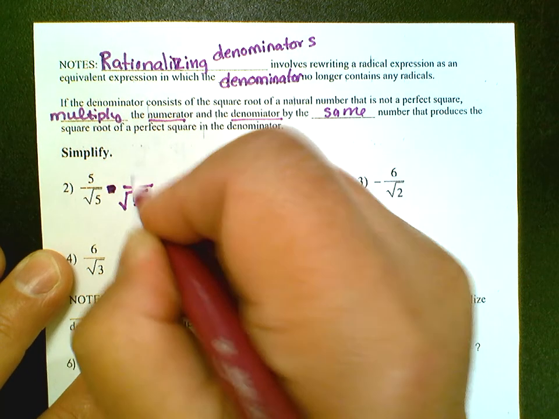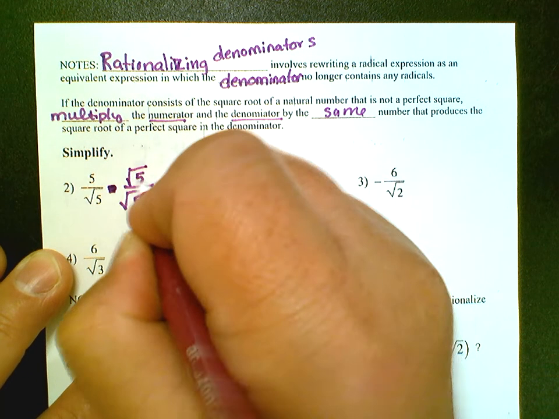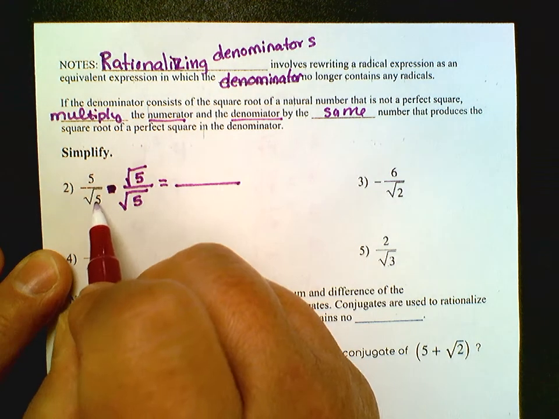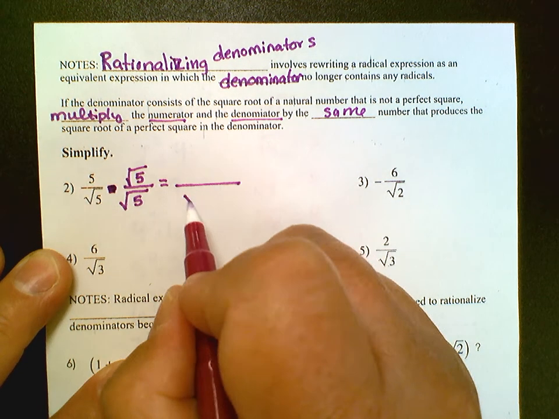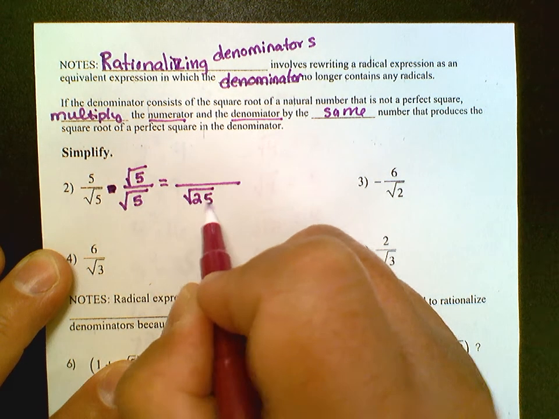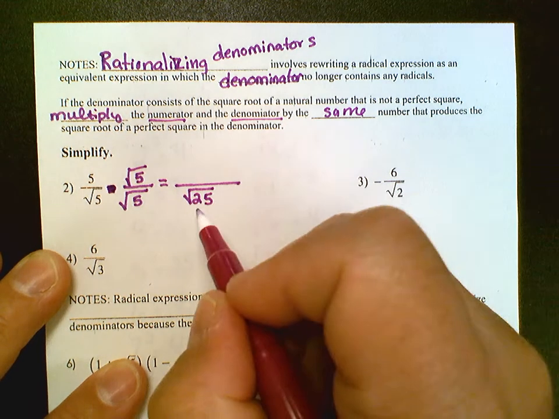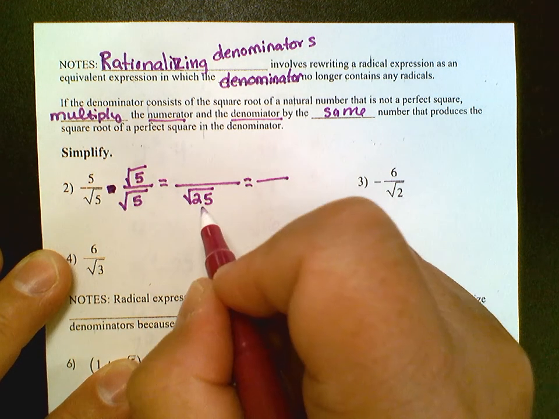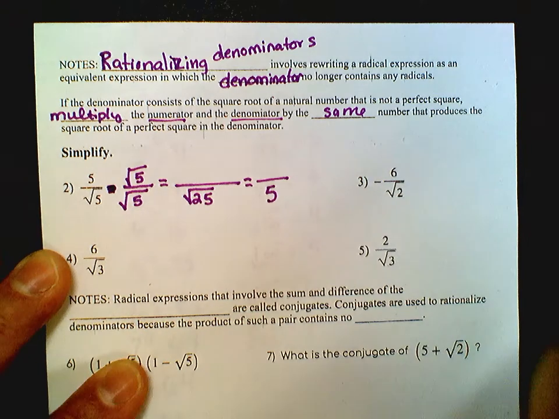And whatever I do in the denominator, I have to do in the numerator. So here is why. If I have the square root of 5 times the square root of 5, that gives me the square root of 25. Is 25 a perfect square? Yes, I know that the square root of 25 is 5.